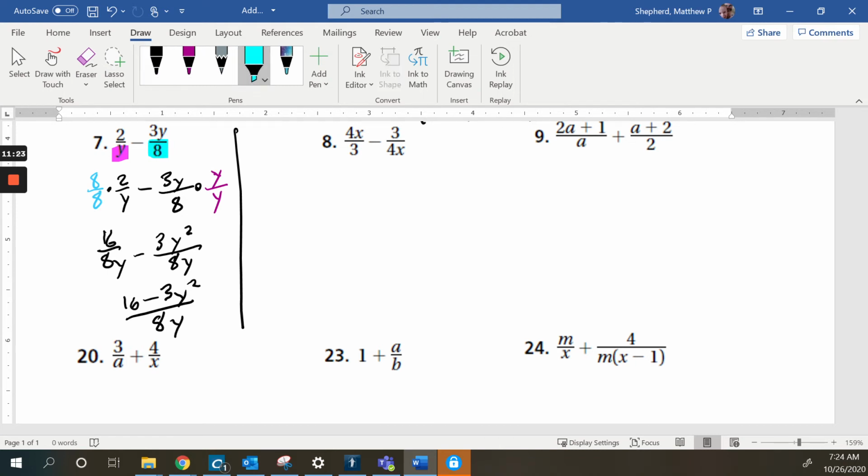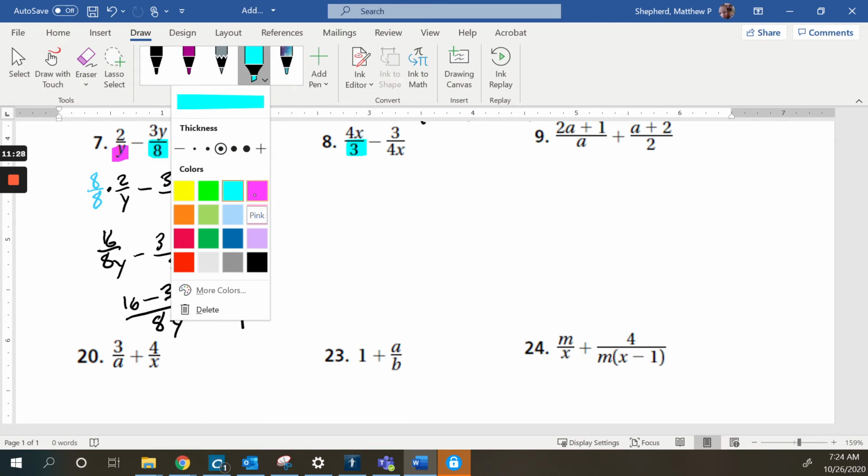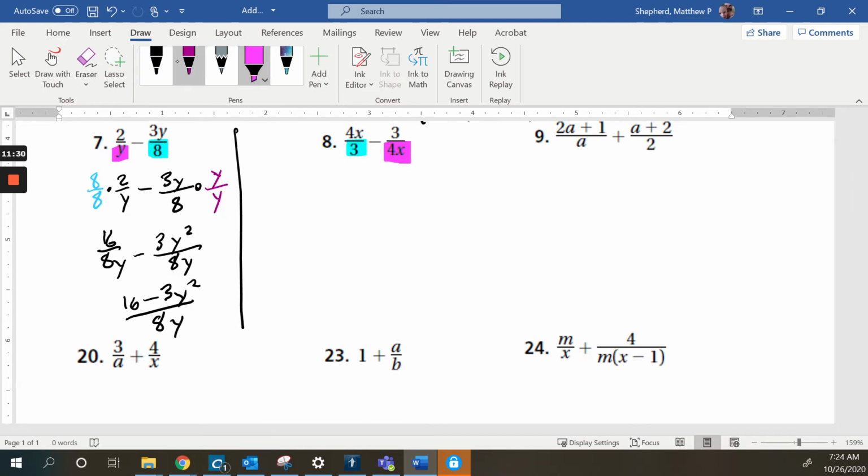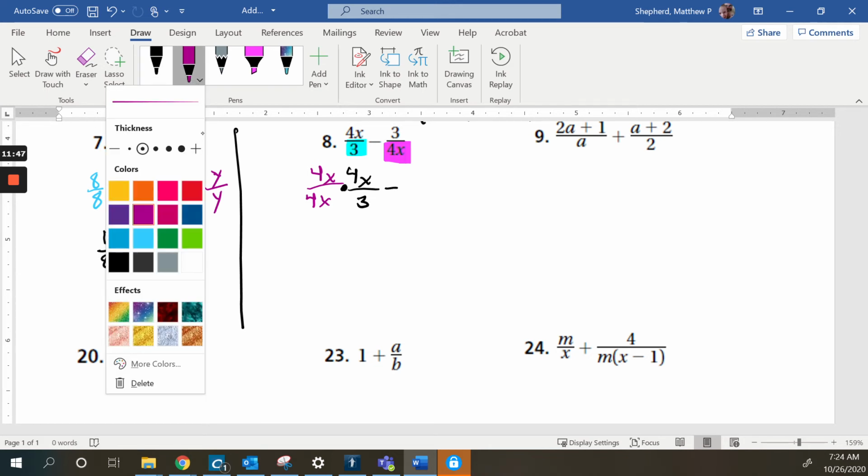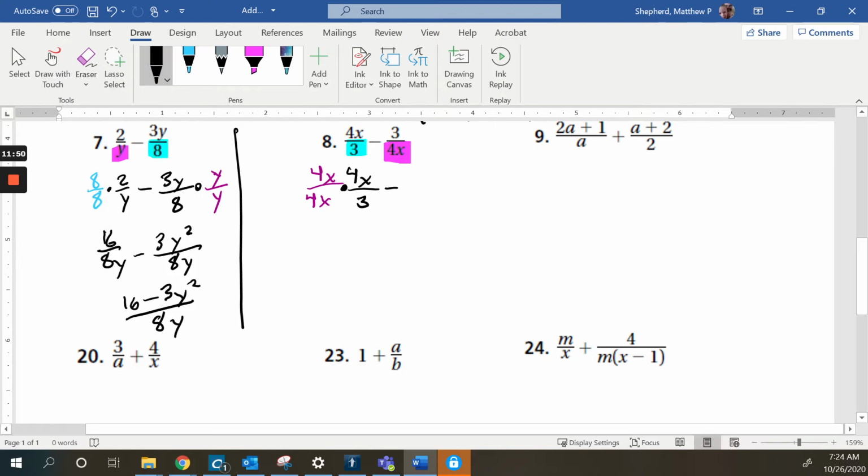Next, we got a 3 and a 4x. So I'm going to go ahead and multiply this other side by a 4x over a 4x. So 4x over 3, so that we can create a common denominator with this other side, so 3 over 4x.